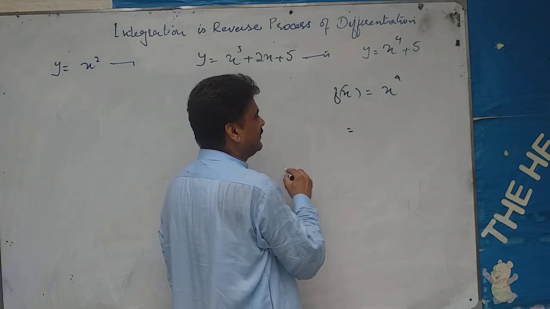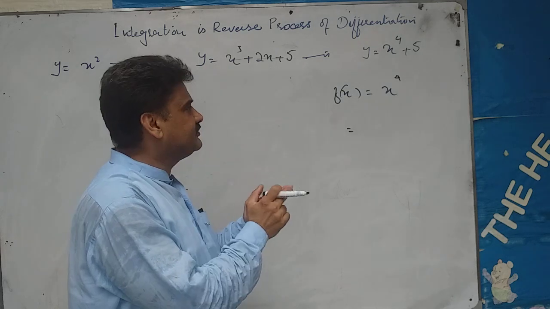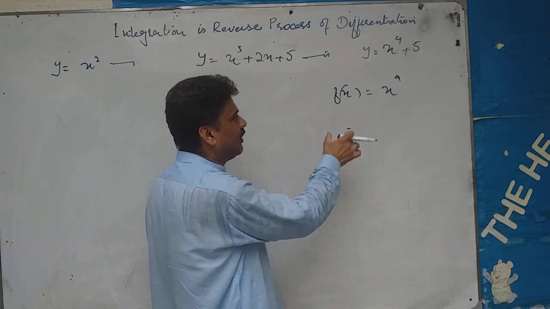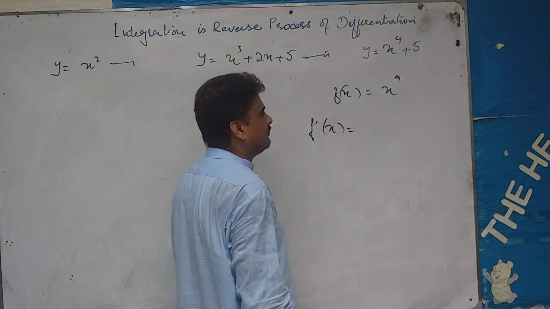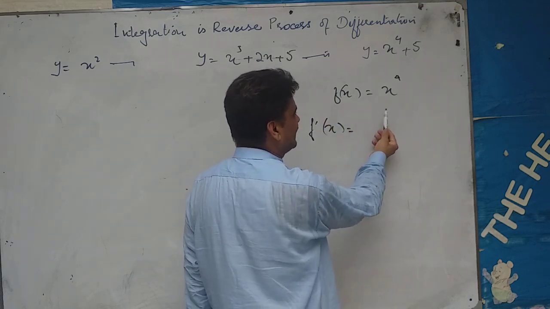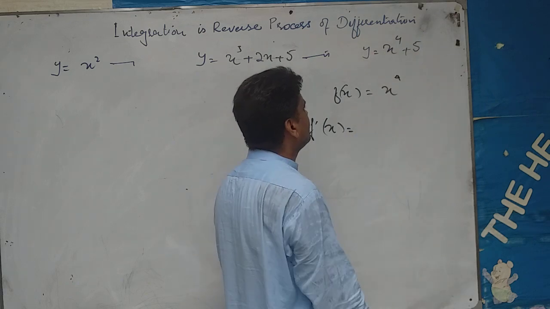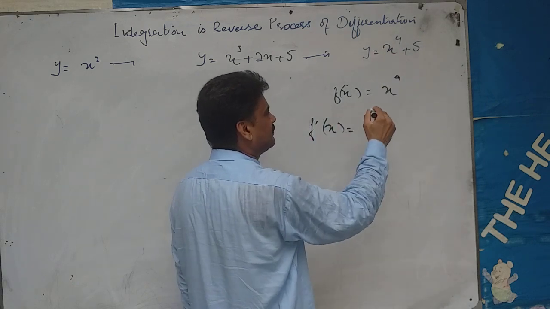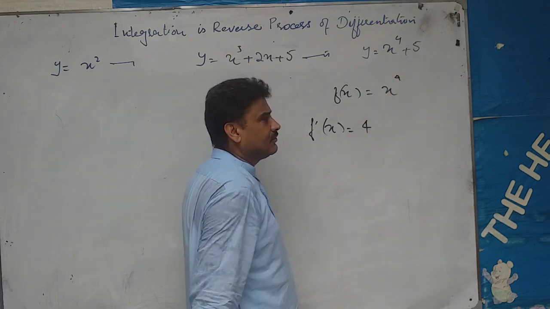If f of x is a function, f prime x denotes its first order derivative or its gradient function. We write f prime x will be equal to, we multiply the function x to the power 4, which is a function with power 4, by the power of the function, that is 4.